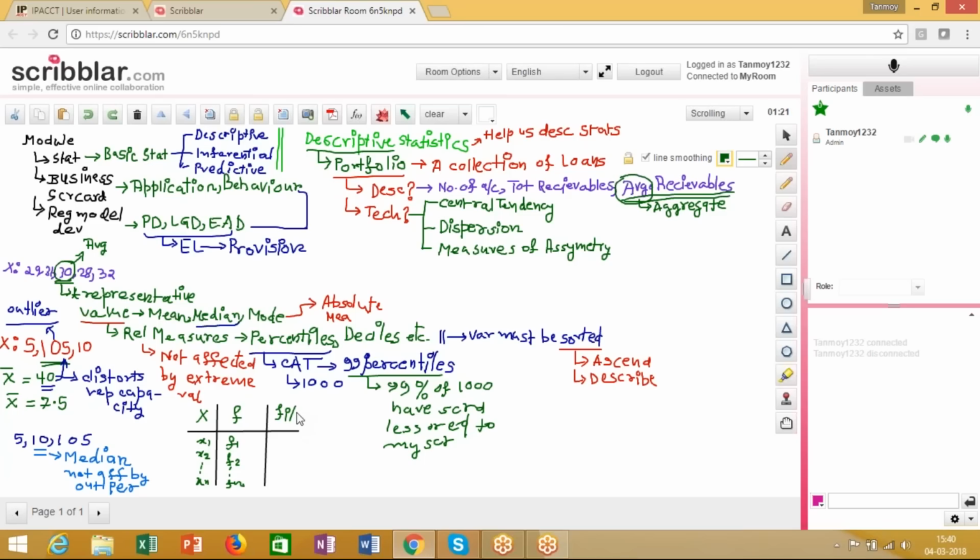And over here we define another measure called the relative frequency. So what is the relative frequency? The relative frequency shows the frequency of occurrence of a variable relative to the total number of occurrences. Over here, this measure is called the relative frequency.